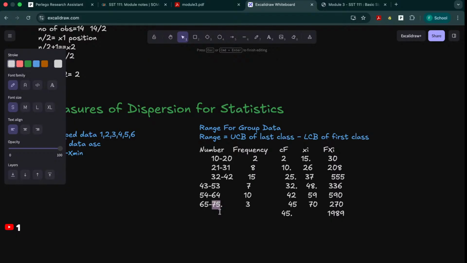Calculating the midpoint is so simple: you add 65 plus 75, then you average this by dividing by 2. This will give us the upper class boundary.